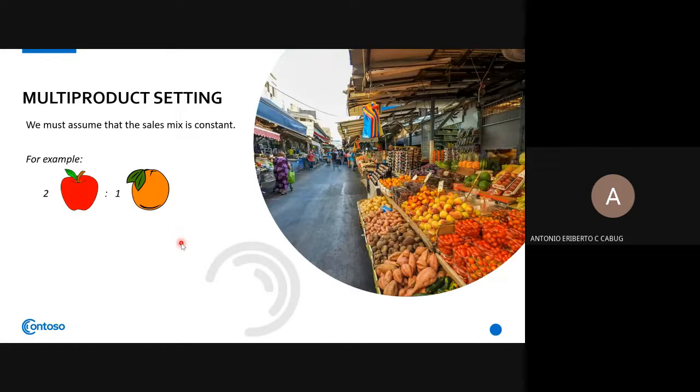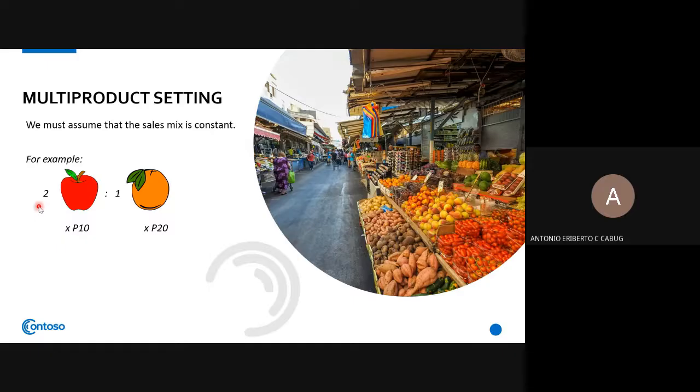Now, the sales unit mix is not necessarily the same as the mix of revenues coming from apples and oranges. Say, for example, the price of one apple is 10 pesos. The price of one orange is 20 pesos. Just an example, no? 10 pesos ang isang apple, 20 pesos ang isang orange.